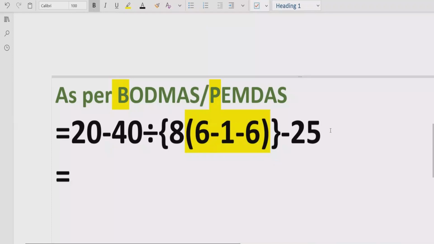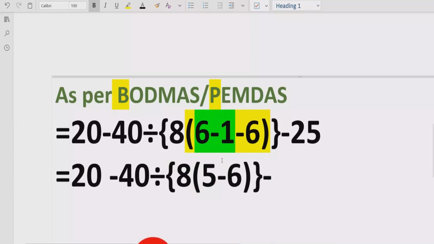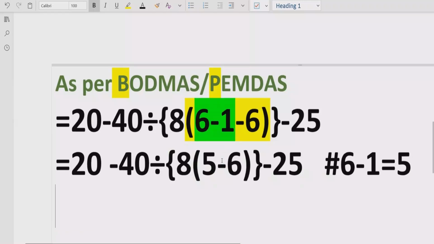Inside the bracket, we have 6 minus 1 equals 5, and minus 6 we will write here as it is. And here we will write the curly bracket, minus 27, and here 6 minus 1 equals 5.